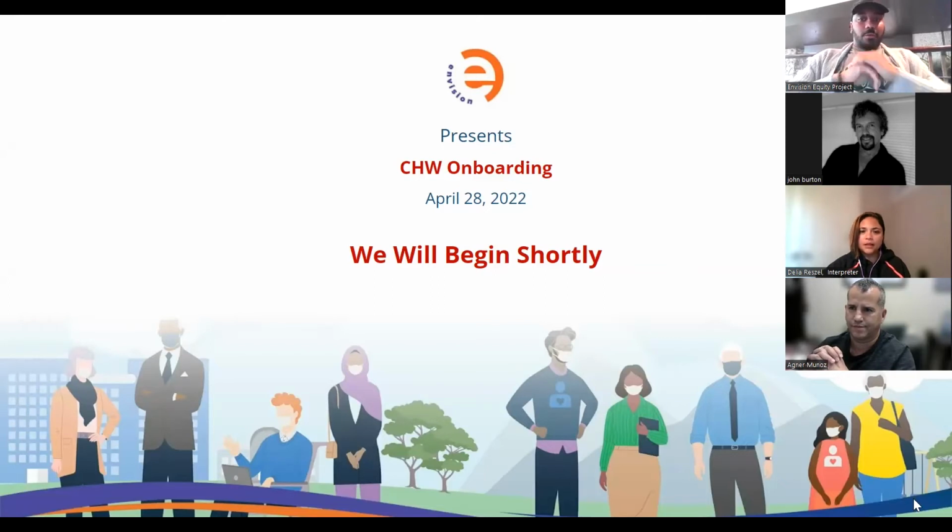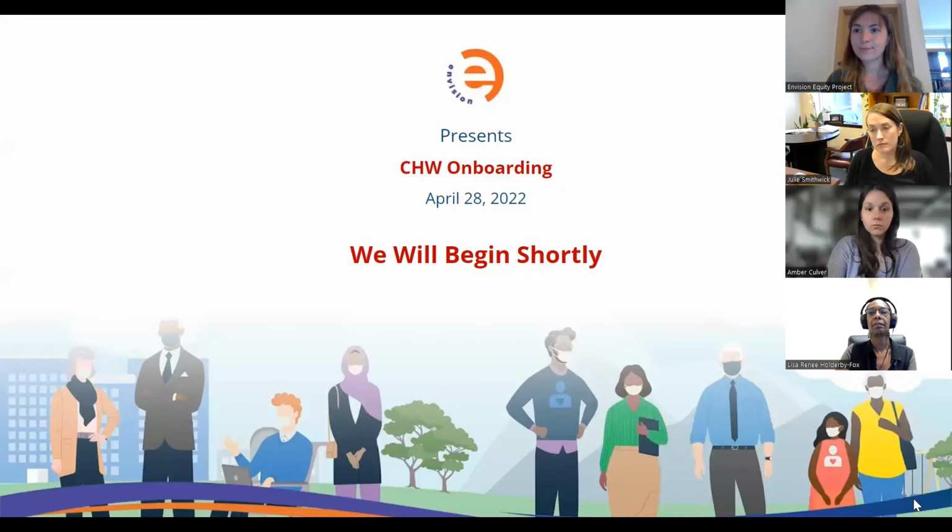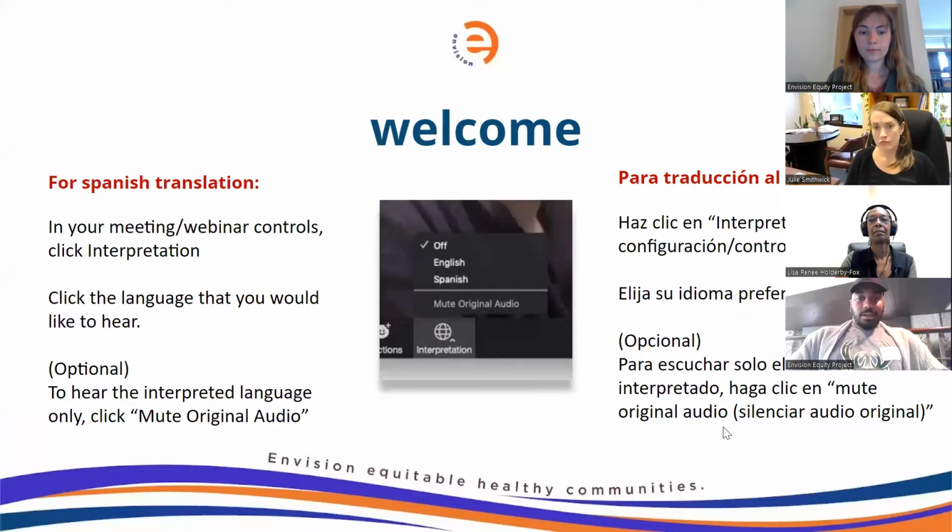Before we get into all of our agenda items and operating agreements, I want to go over some of our translation and closed captioning information. This meeting will have simultaneous Spanish interpretation. As a participant, you will need to choose a language, either English or Spanish, to listen in Zoom.